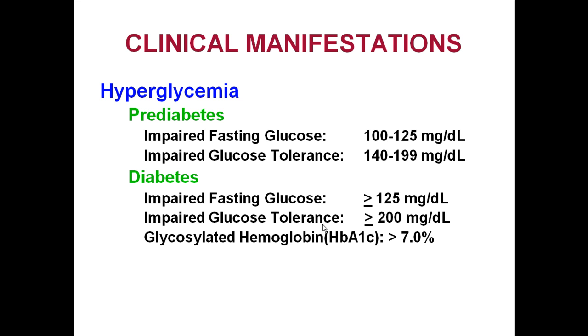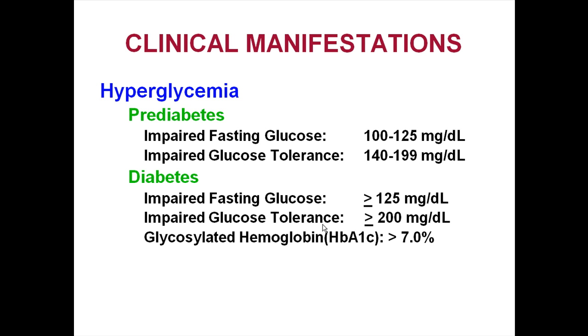And so if you are pre-diabetic, the physician is going to counsel you on possibly losing weight or something before it gets worse. Now, the diabetic range is anything over 125 milligrams per deciliter for fasting, and over 200 for glucose tolerance.